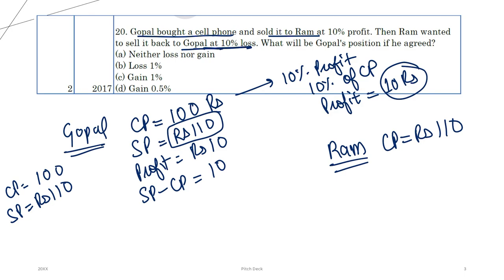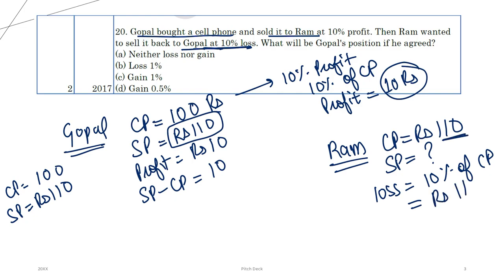So what happened? Ram got it for 110. He wants to sell it back to Gopal at a loss of 10%. Loss of 10%, 10% of what? 10% of cost price. Always the percentage of cost price. So 10% of 110 is rupees 11.